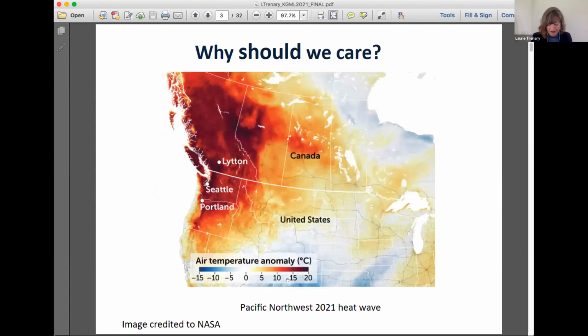So despite the difficulty in making these predictions, there's tremendous societal value. There was a historic heat wave, for instance, that hit the Pacific Northwest, and this map is just showing the temperature anomalies. You can see that there were 20°C temperature anomalies extending from British Columbia all the way down into Oregon.